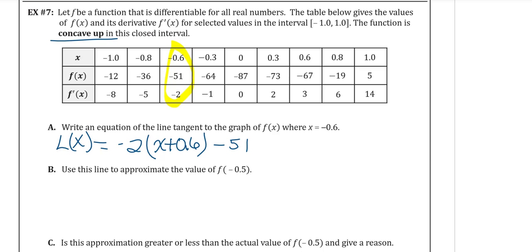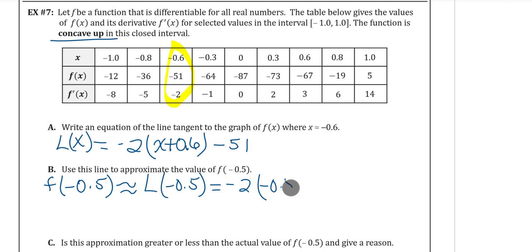So part B then asks us to use that to find f of -0.5 because that value is not on the table. So this is going to be approximately equal to our linearization at -0.5. So we're going to take -2 times -0.5 plus 0.6 minus 51.